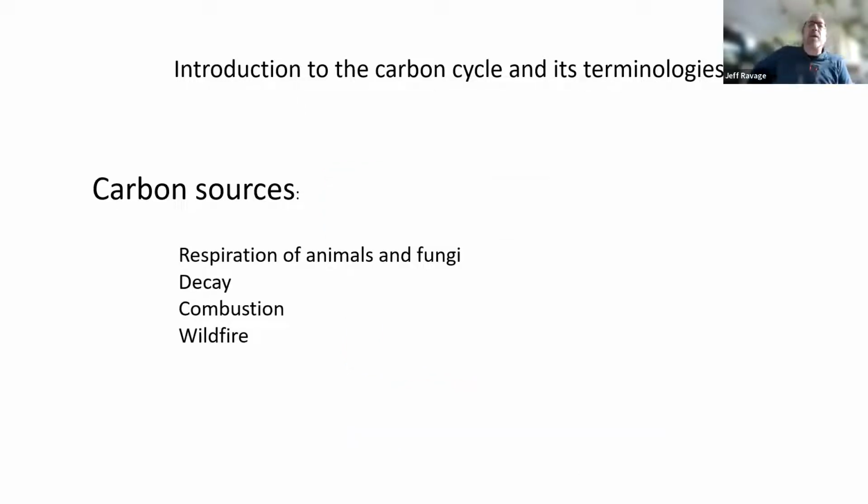So we're going to start with an introduction of the carbon cycle and its terminology, which comes from the white paper. Carbon sources in our atmosphere are the respiration of animals and fungi. Both animals and fungi inhale O2, oxygen, and exhale carbon dioxide, and plants, of course, do the opposite.